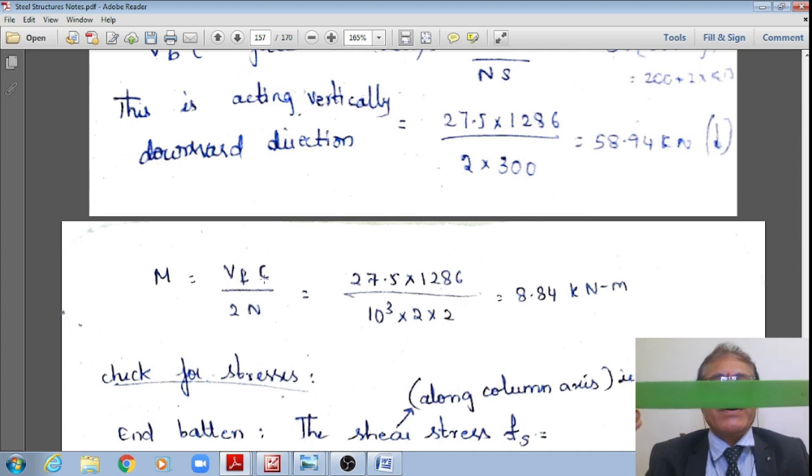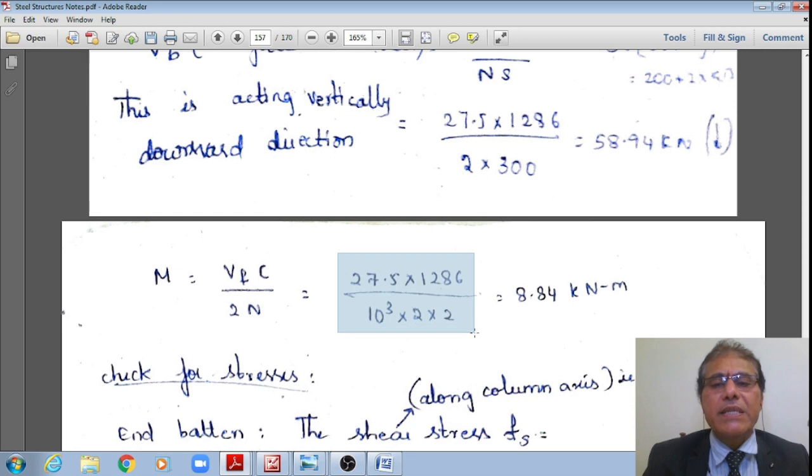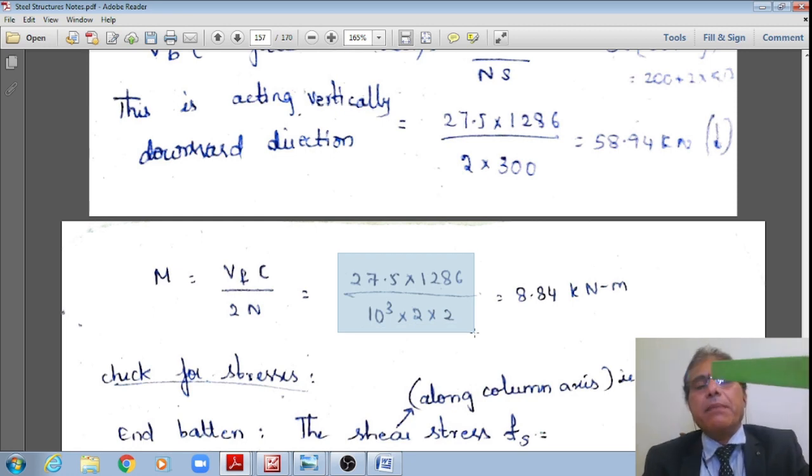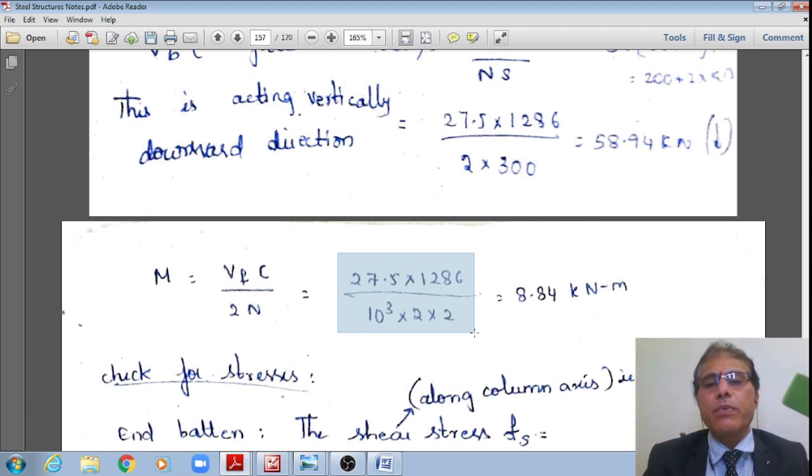Simultaneously, this batten plate is subjected to a bending moment of VTC divided by 2n. Therefore, substituting the values, now I have 27.5 multiplied by 1286 divided by 2 multiplied by n. 2 batten plates we are using, that divided by 10 to power 6.